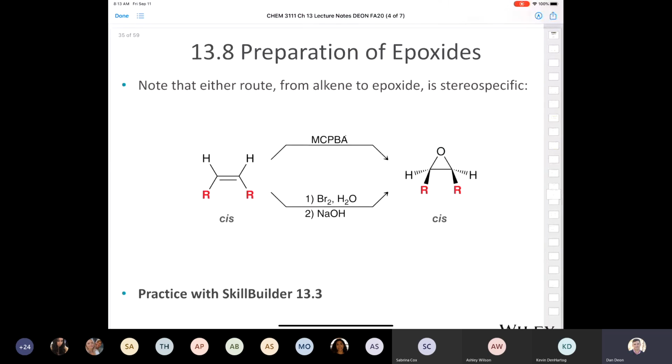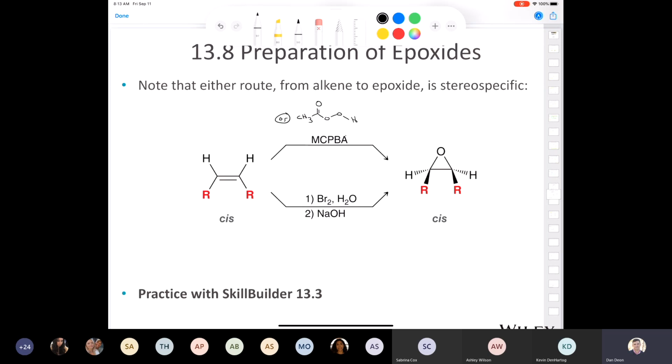What else? So we've learned two methods to prepare an epoxide, either to use MCPBA or peroxyacetic acid. I'll write that in here too. So we'll put that, or either one. That works, right? And those are things that we learned last semester in Organic Chemistry 1.